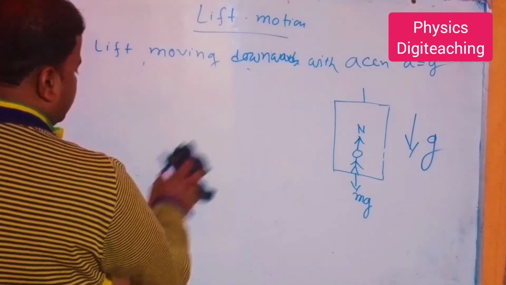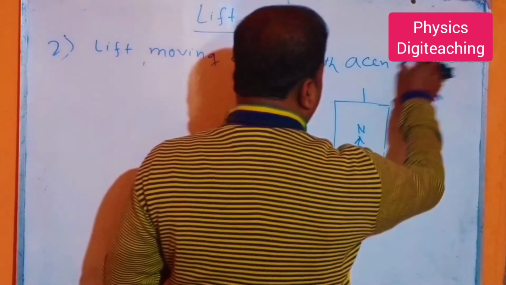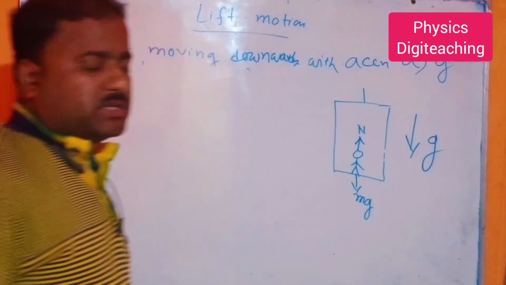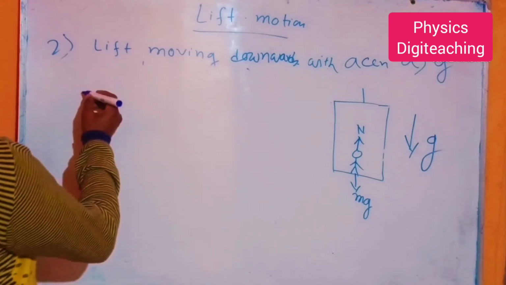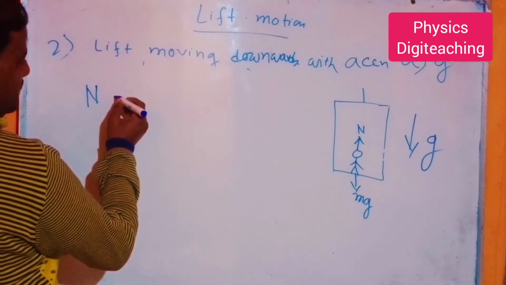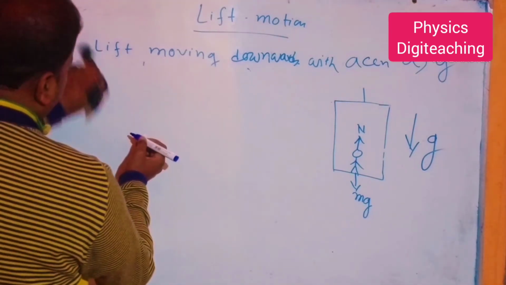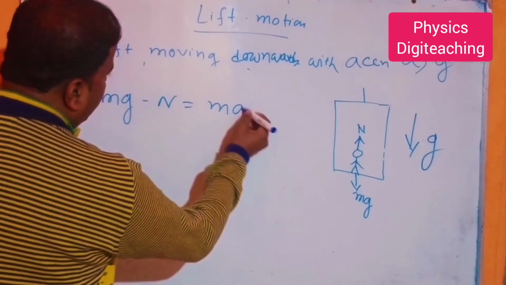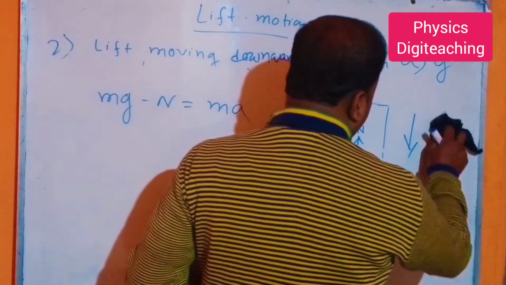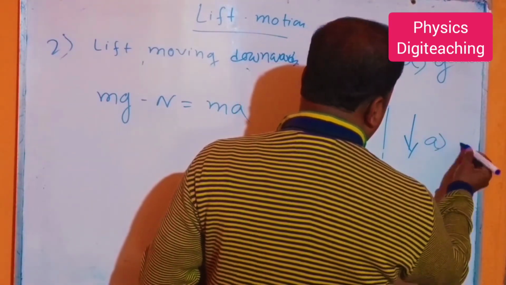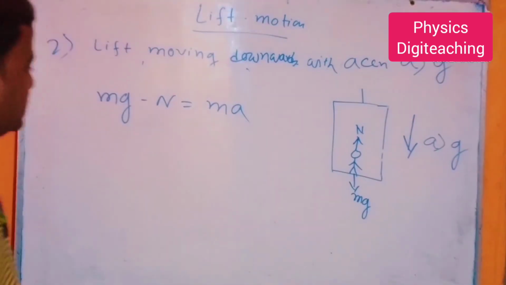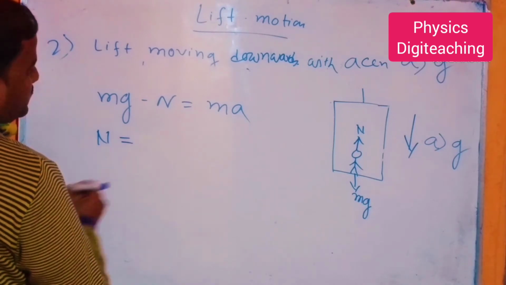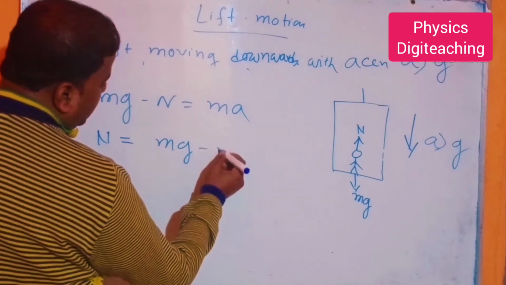What happens if the acceleration is greater than g? Here mg minus N equals ma, with acceleration a greater than g. N equals mg minus ma.